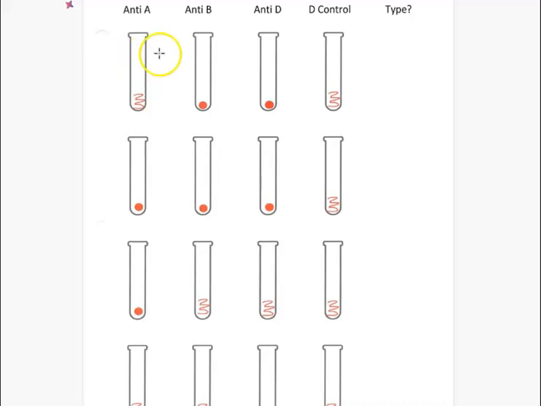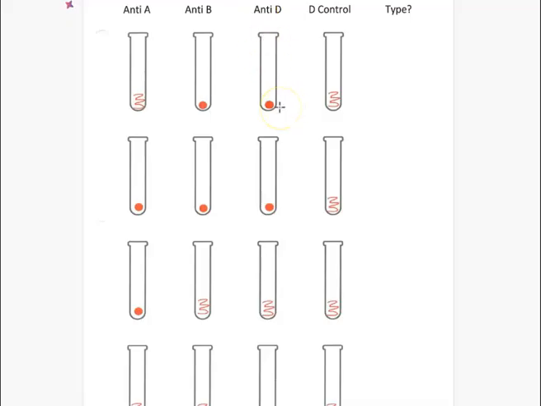So let's see if we can read across and come up with a blood type for this patient. So anti-A is negative. The squiggly line is representing a negative reaction, no agglutination, and the dot is representing a pellet, representing agglutination. So with anti-B, we have agglutination.